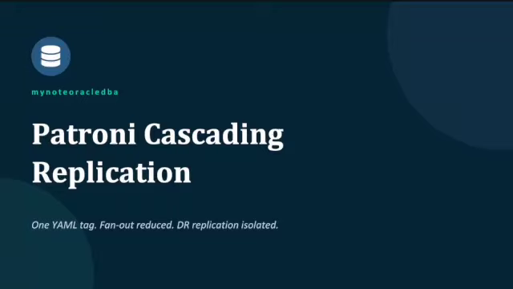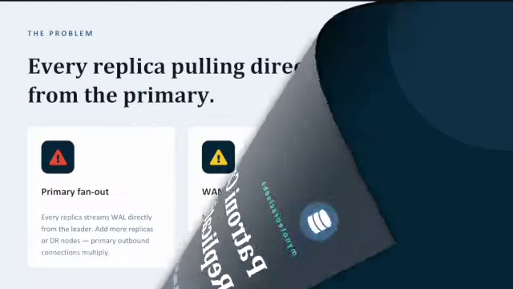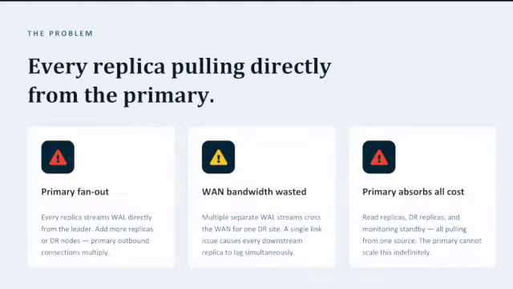Your PostgreSQL primary is dying and the replicas are the ones killing it. Here's what's actually happening inside your WAL streams. When every replica streams WAL directly from the primary across the data center, across the WAN, your primary is not just a database anymore.